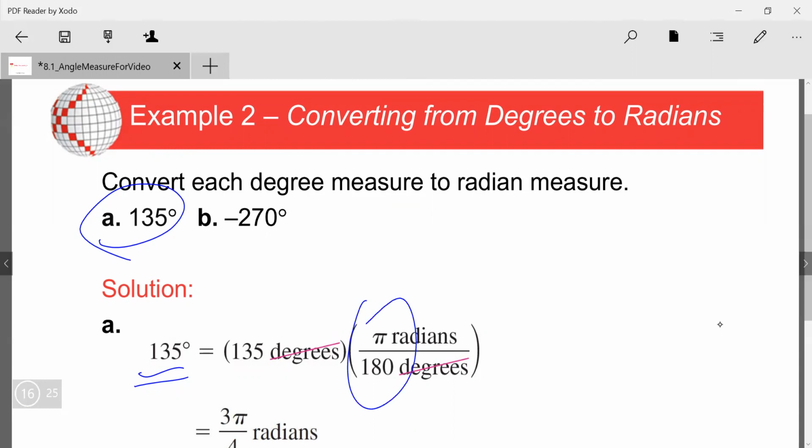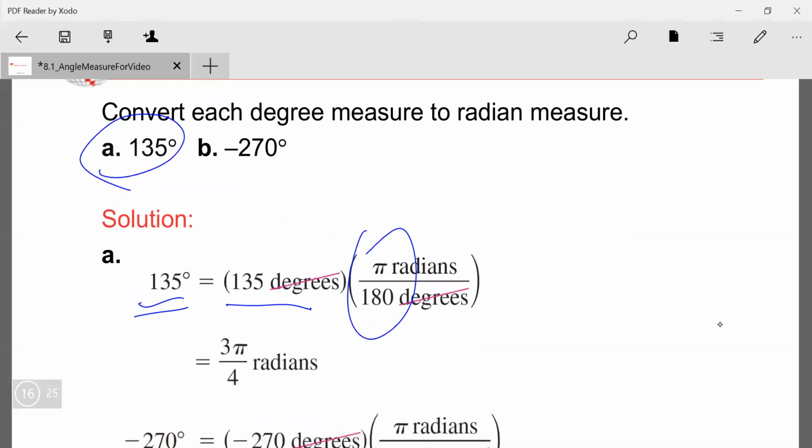We can keep the units to see how it cancels. Degrees cancel, and you end up with 3 pi over 4.